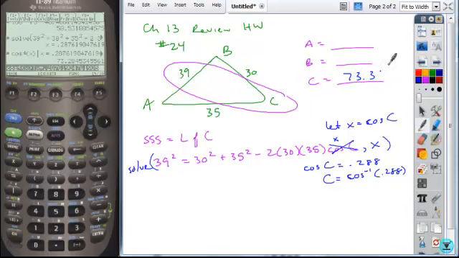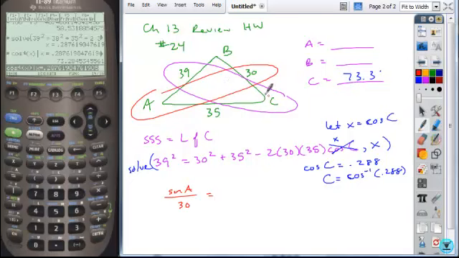Okay, once I get this angle, I can now find either of the remaining ones. You can use law of cosines again if you want, or you can use law of sines. I'm going to go ahead and use law of sines here, and I'll find the smaller of the two angles next. So I'll find angle A. To set up the law of sines, we take the sine of the unknown angle over the side opposite it, and that's equal to the known ratio.